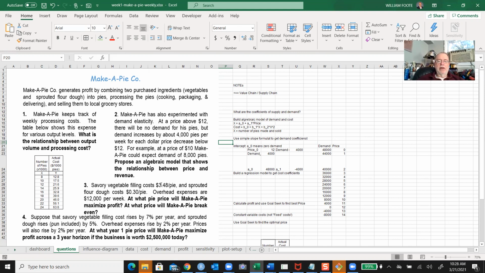Here's some of the filling costs for the pie, $3.48 a pie. We will want to sensitize ourselves to that somehow. Sprouted flour dough, maybe sensitize ourselves to that, as well as overhead expenses. What happens if they double, for example? Is that catastrophic?